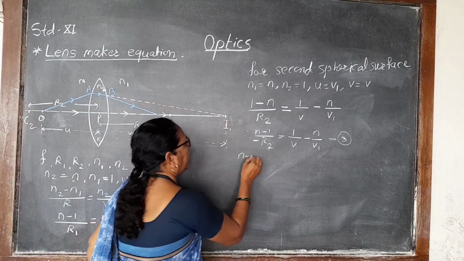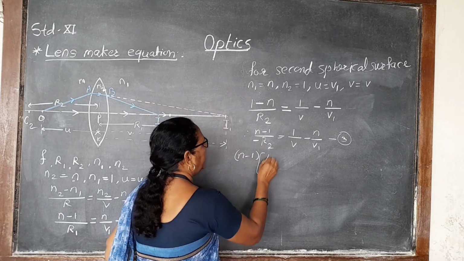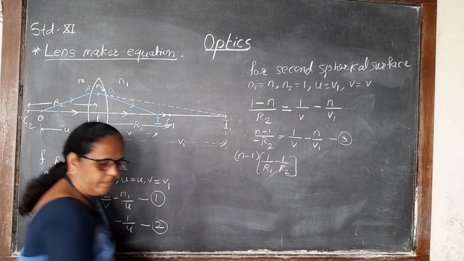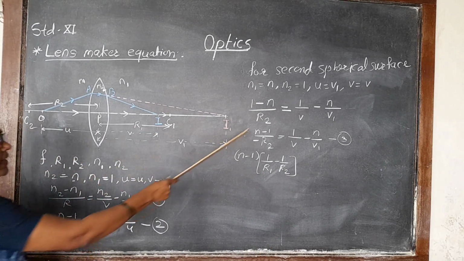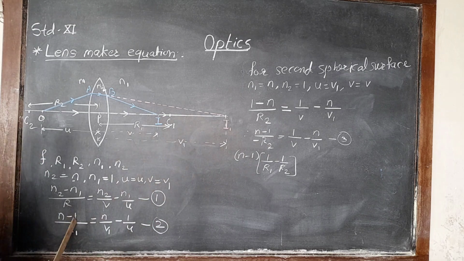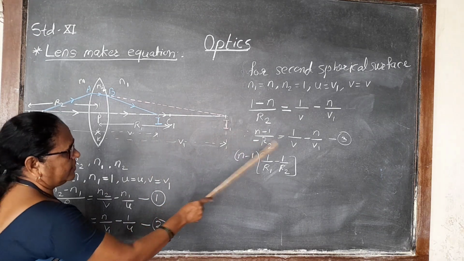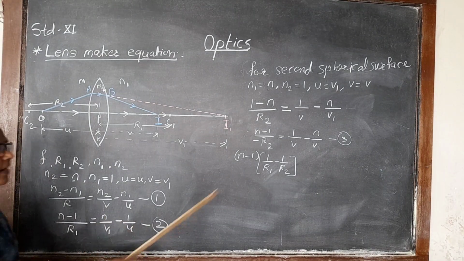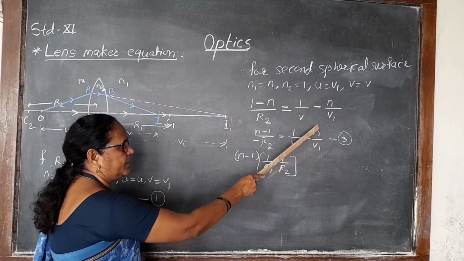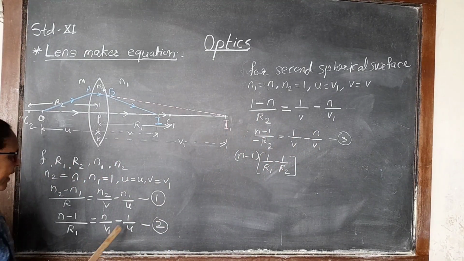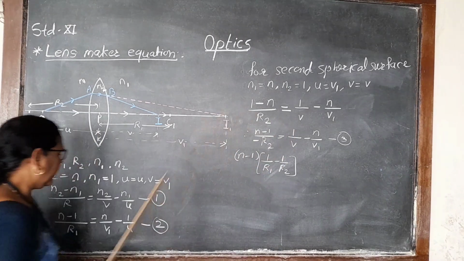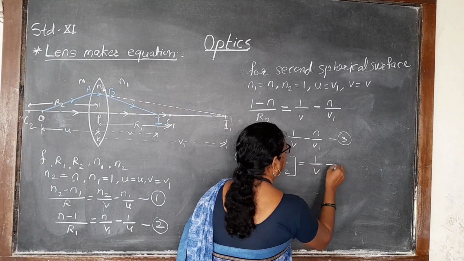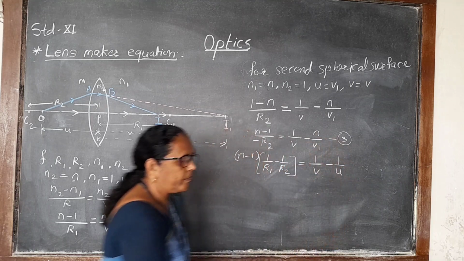So here N minus 1 will get common and into bracket 1 upon R1 minus 1 upon R2. बघा लक्षात येत आहे का? हे N minus 1 आपण कॉमन काढले. इथे राहिला 1 upon R1 minus 1 upon R2. आता इथे विचारात घ्या, हा N upon V1 आहे आणि हा minus N upon V1 आहे. So it will get cancelled and what will remain? 1 upon V minus 1 upon U. So here you get 1 upon V minus 1 upon U.